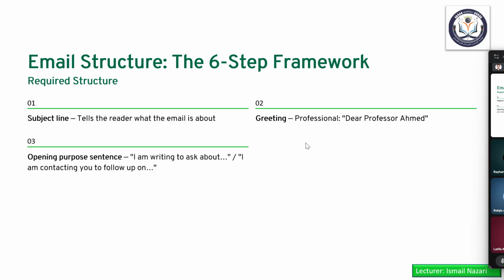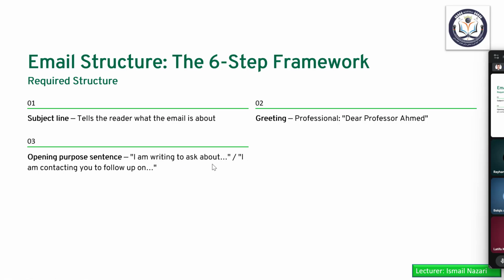The third section is the opening sentence declaring our purpose of writing the email. This is very important both on the test or when we are outside the test. This sentence exactly declares the reason we are writing the email. We can say, I'm writing to ask about, then you will tell your reason.